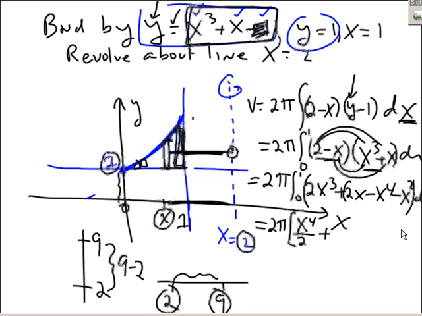Plus, the integral of 2x is x squared. It's 2x squared over 2, and the 2's cancel. You just get x squared. Minus x to the 5th over 5. Minus x cubed over 3. And this is going from 0 to 1. Okay, let me erase up here.